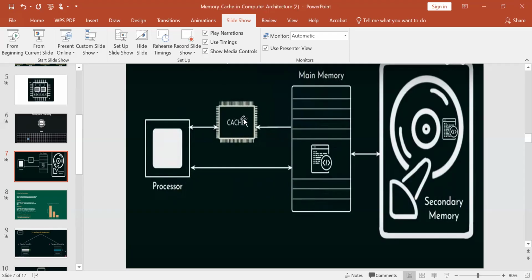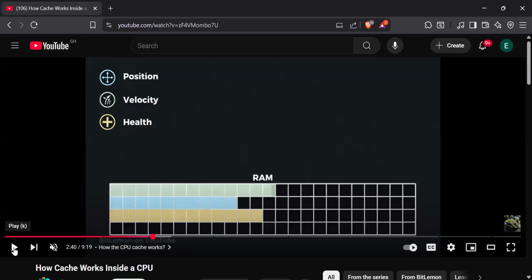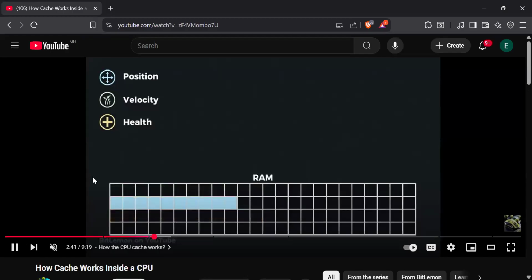But in most cases, when requesting data for the very first time, especially when running a program for the first time, the data we are requesting will not be here. In that case, we say we have a cache miss. Then the processor goes ahead and fetches this data from the main memory, gives it to the cache, and it is then delivered here. I'll run that simulation very soon.